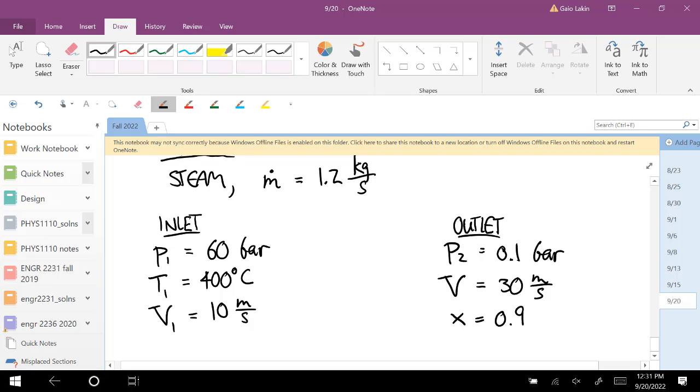Okay, so if it's talking about quality, what do we know about the state of the water? That it's part steam. Yeah, water. That's right. It's at the saturation temperature and pressure, and it's part liquid, part steam. And so we can use the saturation tables for that, and so we don't need the temperature. So we know everything we need to know about it coming out at the exit.